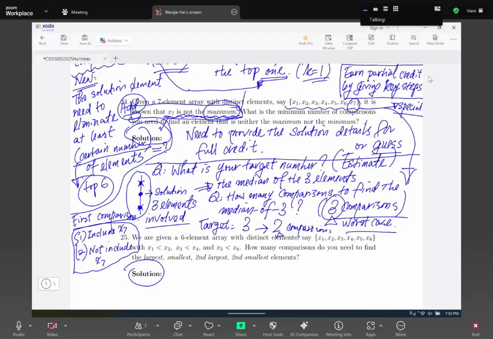That's the critical point here. Option 1, X7 and another element. Option 2, 2 elements that have nothing to do with X7. You need to compare. So which one is better? Which one can you get more information from? That's the critical step.